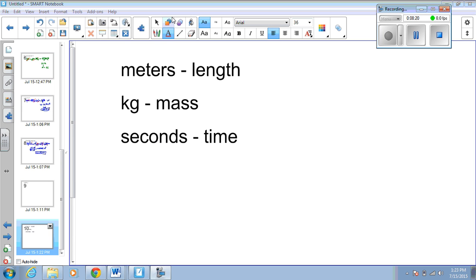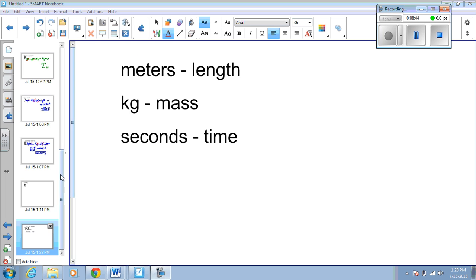Now, when you get to square units and volumetric units, it's just a matter of multiplying meters twice. So 2 linear units multiplied together give you a square unit. So it's still meters. So area would be meters squared, volume would be meters cubed.